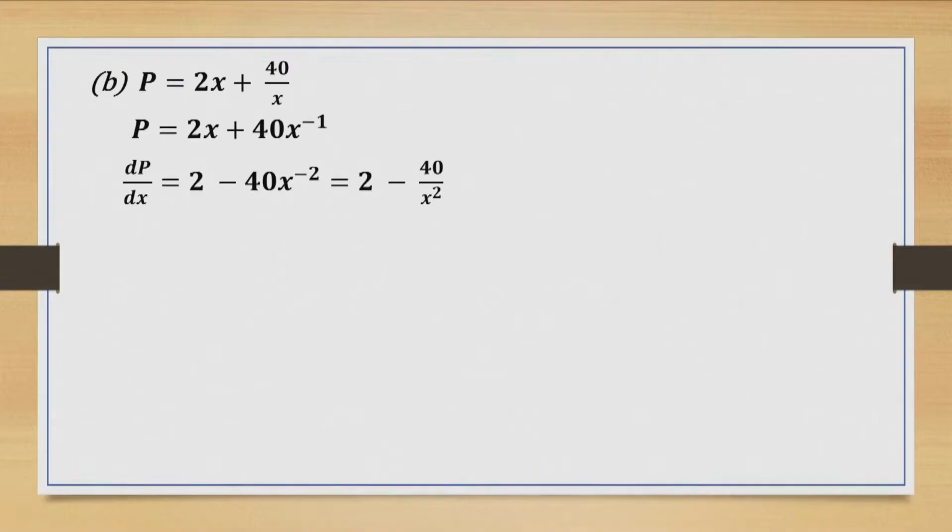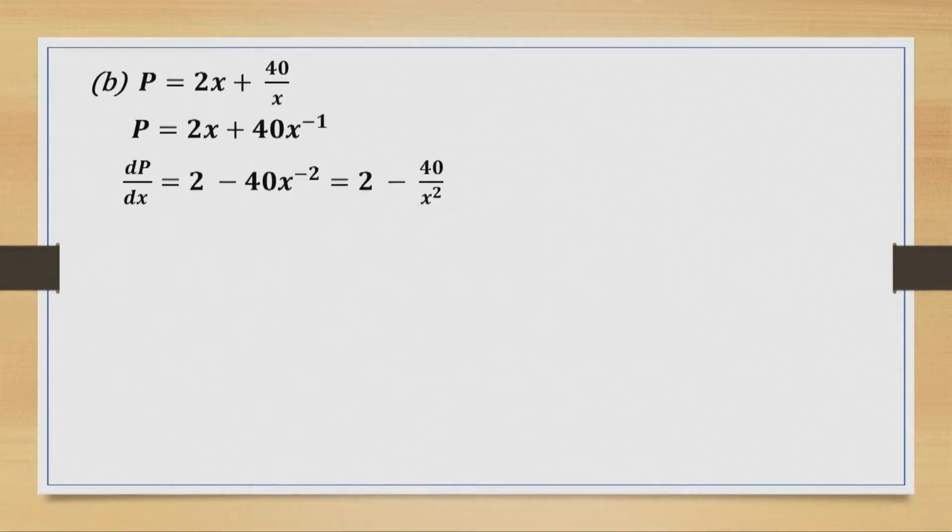Now differentiating this, dp by dx will give me, differentiating 2x gives me 2. Now differentiating 40 x power minus 1, so bring down power, decrease the power by 1, minus 1, which is minus 2. Rewriting it, I get 2 minus 40 over x squared.